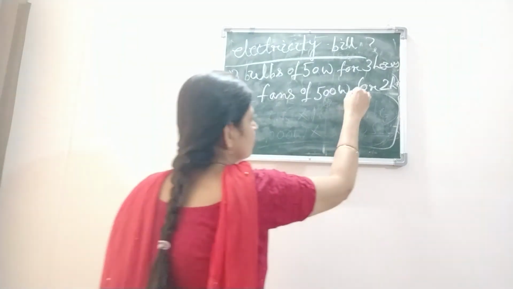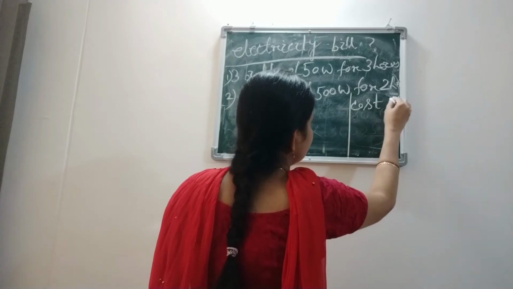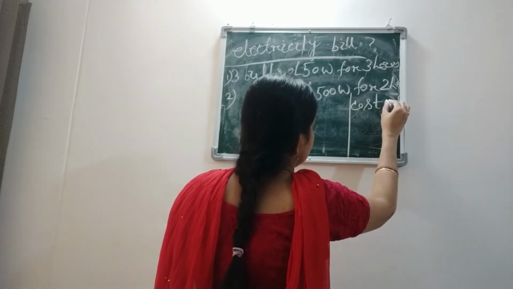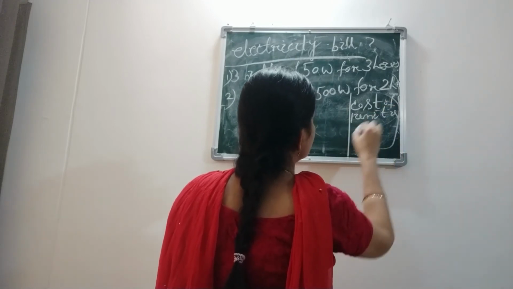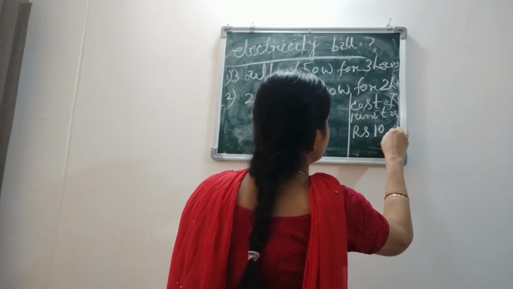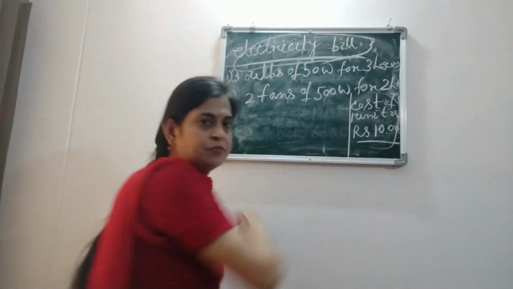And the cost of 1 unit, ठीक है, cost of 1 unit is ₹10. Then prepare the electricity bill.